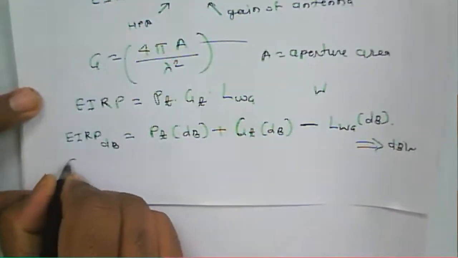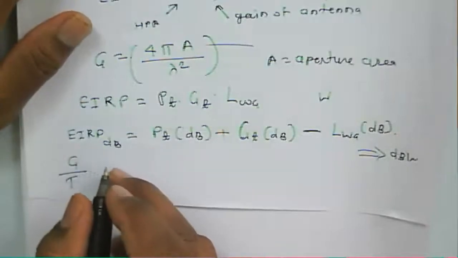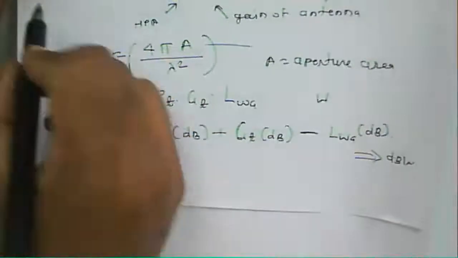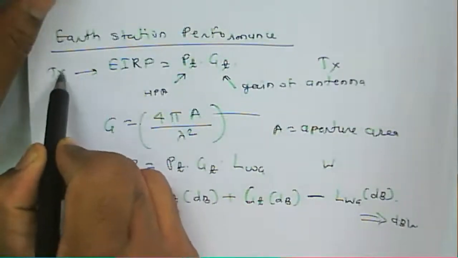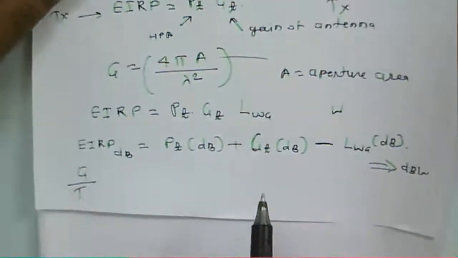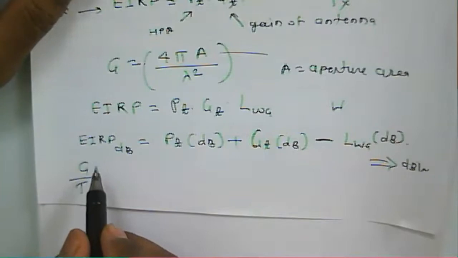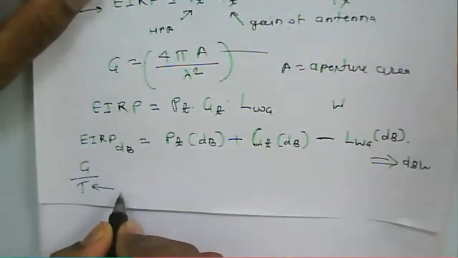But on the receiving side, what will be the G/T ratio? The receiving side, this one is about the earth station's performance at the transmitting side. But at the receiving side, we need to measure the gain of the antenna and the receive noise temperature.